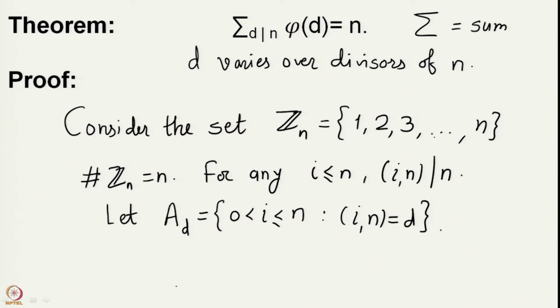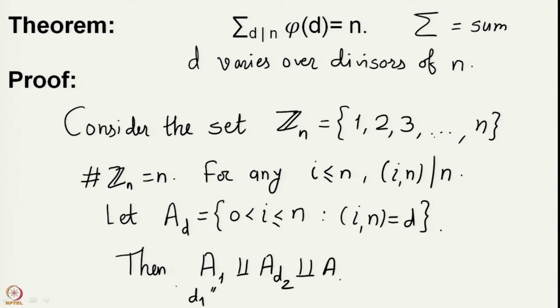Let AD be this particular set, then the union of A1, AD1, D2, where D1 is the first divisor of n, D3 and so on will give us our set Gn.